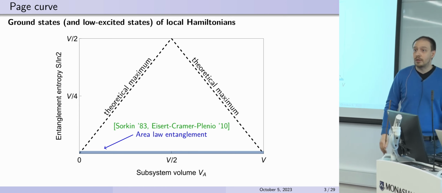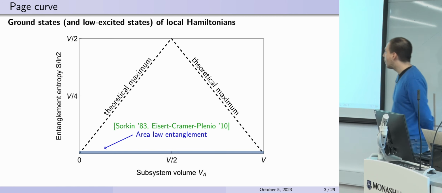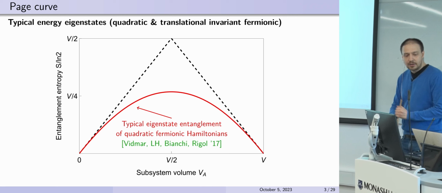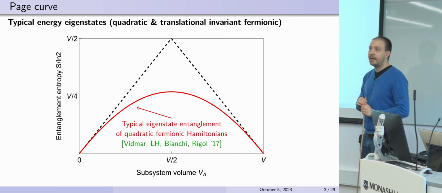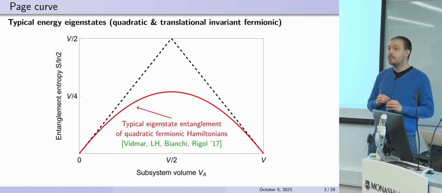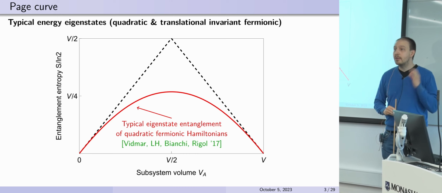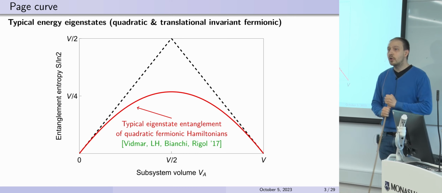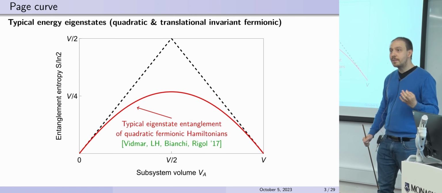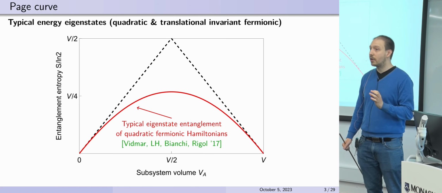And that has been discussed at length already since the 80s, and there's a very nice review on the area law from 2010. Something that we started to study, and that is the starting point of what I'm presenting here, is to look at translationally invariant quadratic fermionic Hamiltonians and compute this average not for all states in Hilbert space, but just for eigenstates of this Hamiltonian.